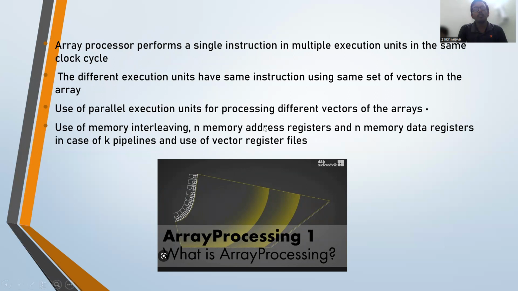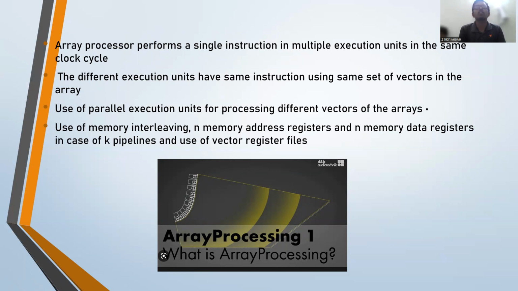An array processor performs a single instruction in multiple execution units in the same clock cycle. The different execution units have the same instruction using the same set of vectors in the array.